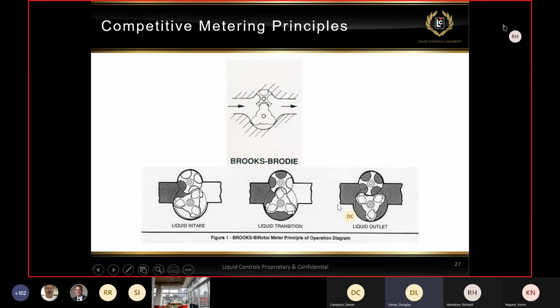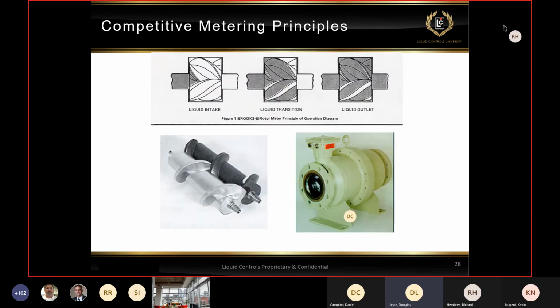It's a good meter when it's a light product, but if there's any particles or heavier viscosity, then it starts to have its falter times. They also produce another meter. It's also a rotary, but it's on the horizontal axis in line with the product flow.